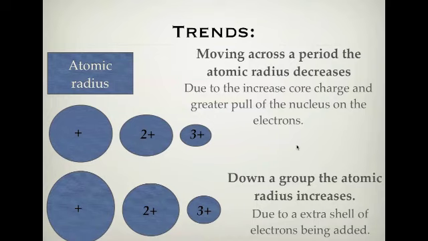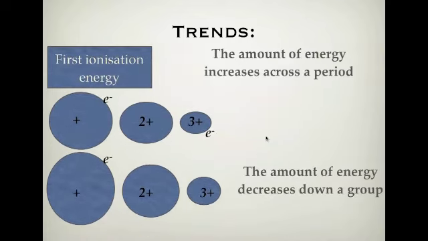The next trend we're going to try and explain is the first ionization energy. The first ionization energy is the amount of energy needed to take out the first electron. Now go back to core charge and let's try and explain this.